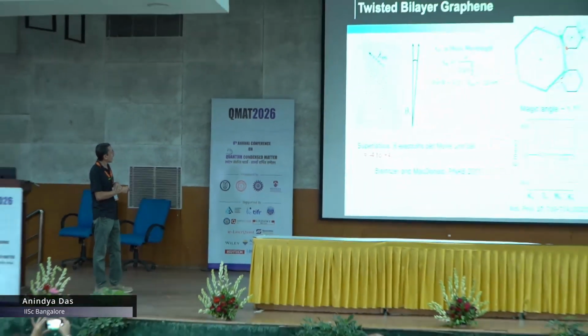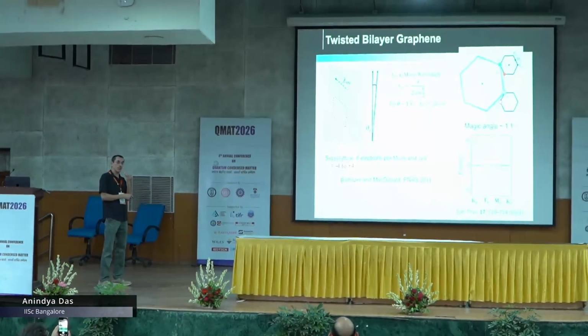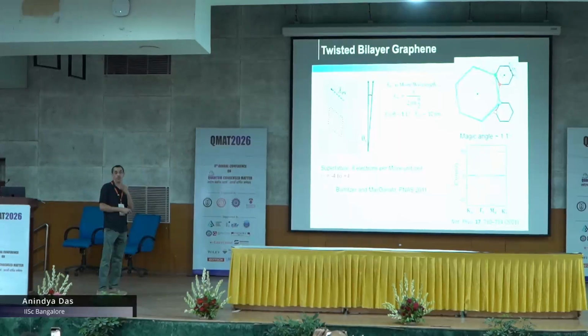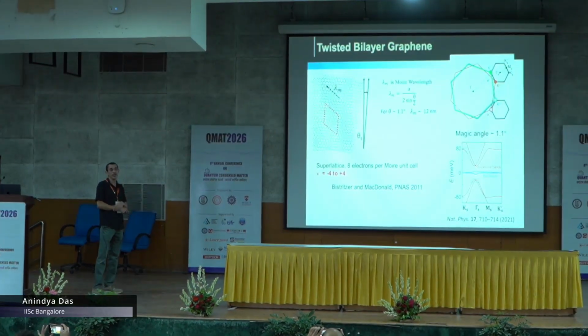One important thing I ask you to pay attention to is the filling fraction of this Moiré superlattice, which is an integer number from -4 to +4. You have this real space Moiré unit cell, and to fill it with electrons you need 4 electrons, because there are spin and valley degrees of freedom.